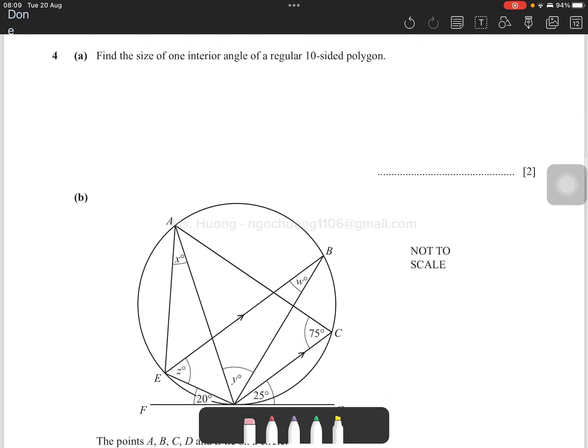Question 4. Find the size of one interior angle of a regular 10-sided polygon. So first of all, we know that the sum of the angles in a 10-sided polygon is (n minus 2) times 180 degrees.